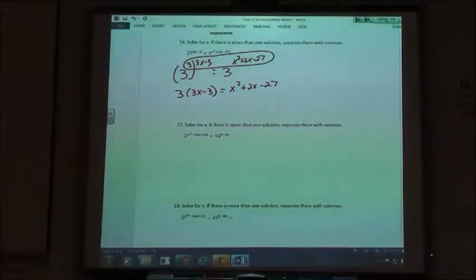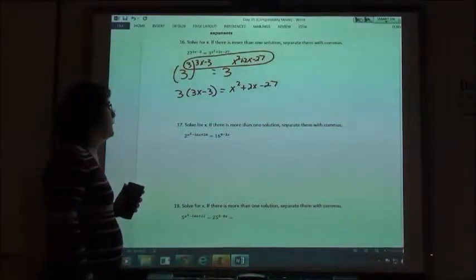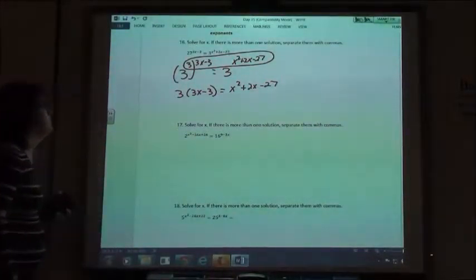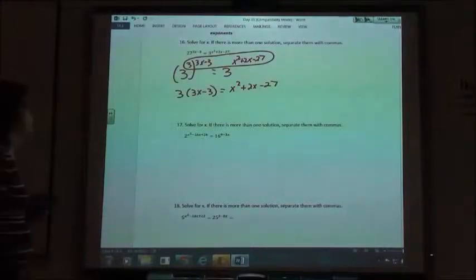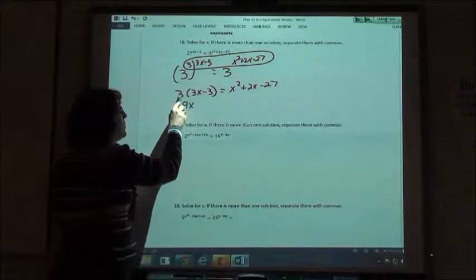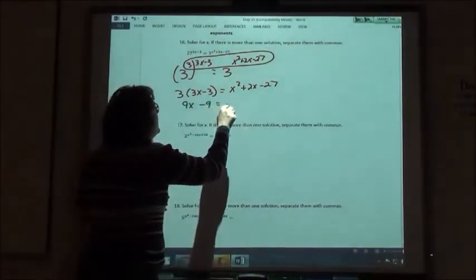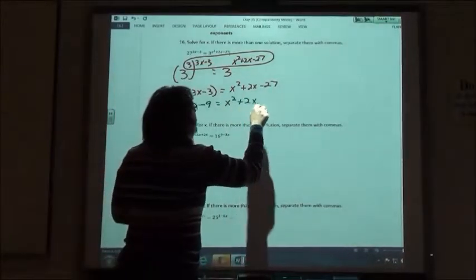What are we going to do to solve that? You are going to do your distributive property. Yep. So it's going to be 9x, 3 times 3 is 9, right? Yeah. 9x minus 9 equals x squared plus 2x minus 27.